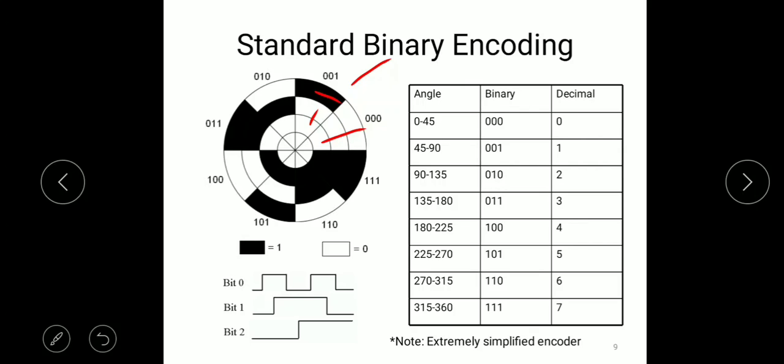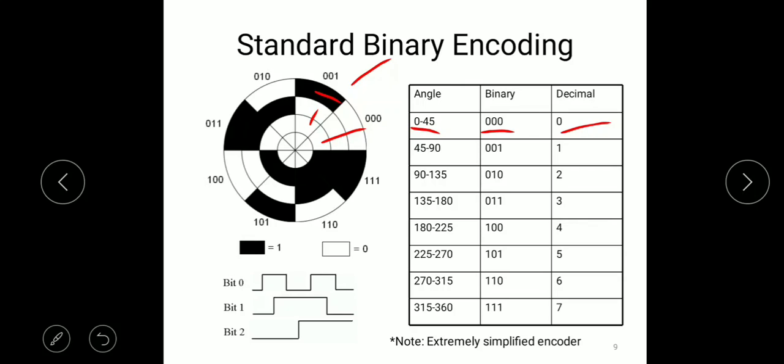In the table, based upon the angle, the binary and decimal values are given. If it is 0 to 45 degrees, the binary value will be 000 and the decimal value will be 0. If the angle is 45 to 90, the binary value will be 001 and the decimal value will be 1.